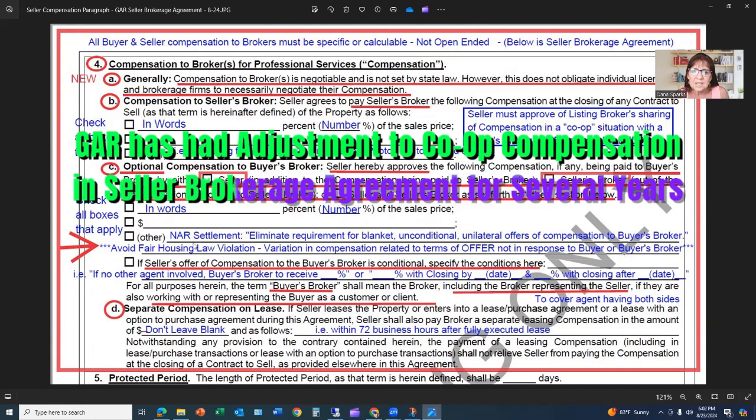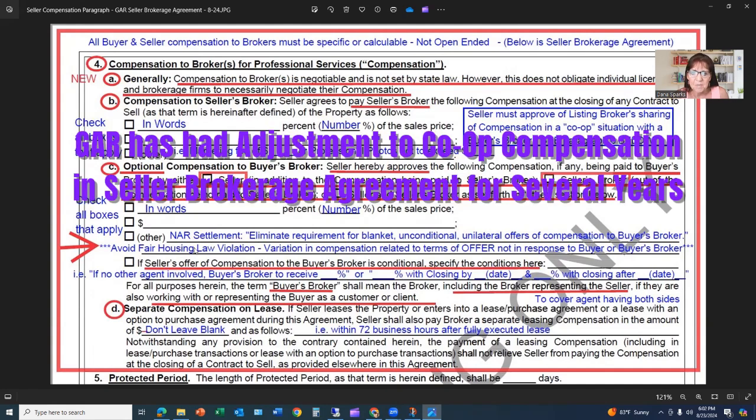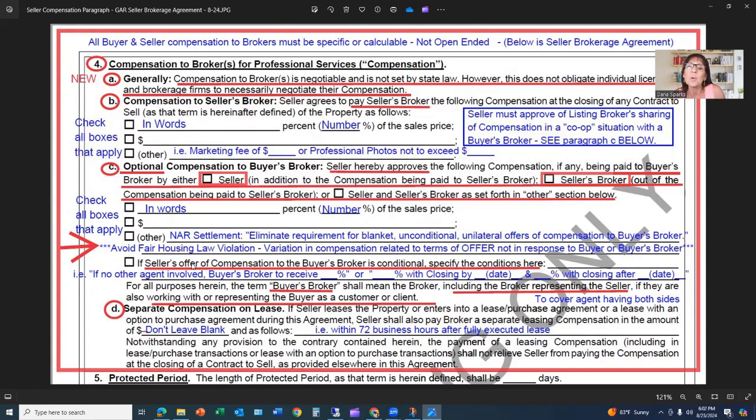GAR has included this next section because the NAR settlement specifically states that realtors are prohibited, they have eliminated the requirement for the seller to offer a blanket or unconditional or unilateral offer of compensation to the buyer's broker. Oh my goodness, that is a mouthful. What on earth does that mean?